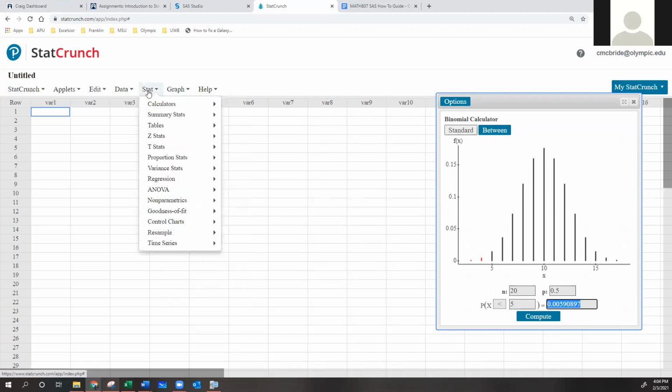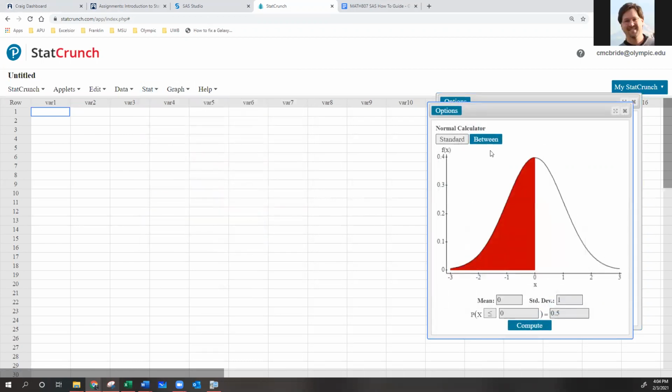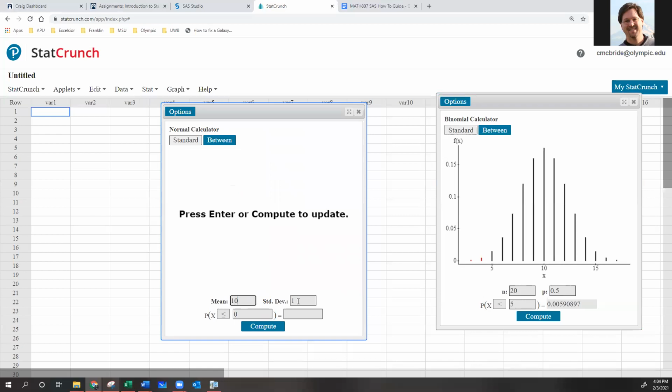Then you go to the normal calculator, and your mean is 10, and 20 times a half is 10, times a half is 5. Yep, so it should be square root of 5 is your standard deviation.